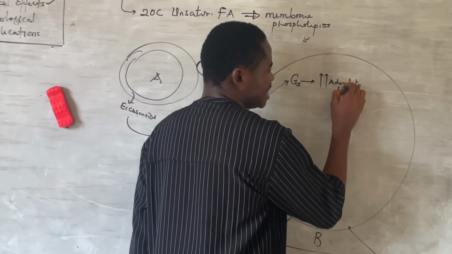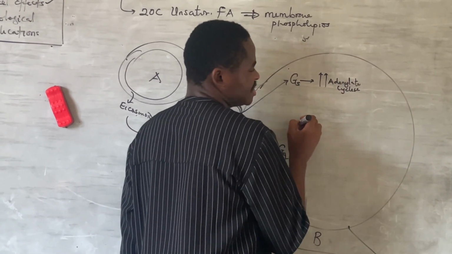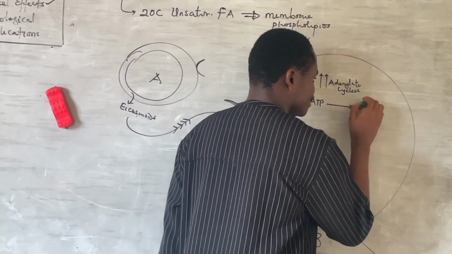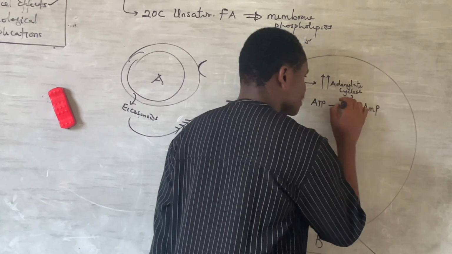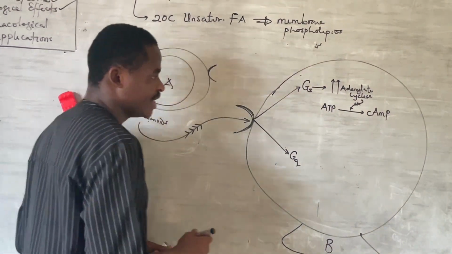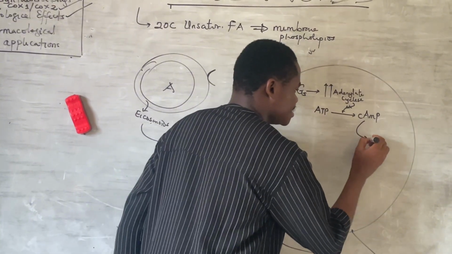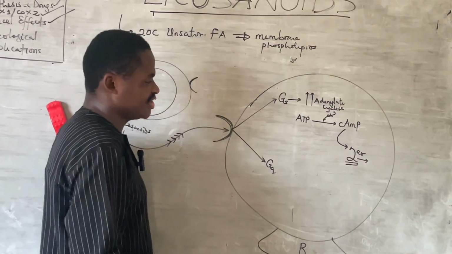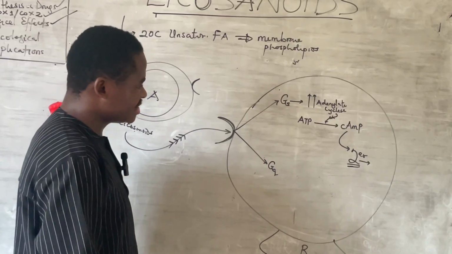Now, what will adenylate cyclase do? Adenylate cyclase converts ATP to cyclic AMP. That's the first thing I want you to appreciate. And then cyclic AMP is interpreted as a second messenger, and this is going to do a variety of things, which I'll tell you at a later time.